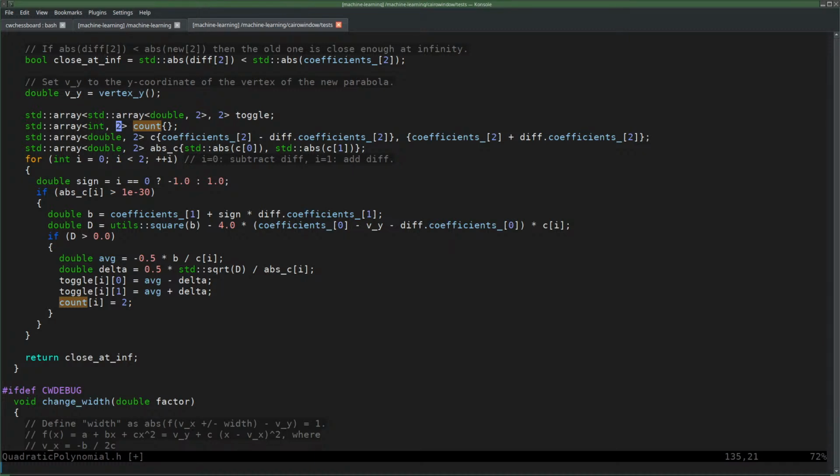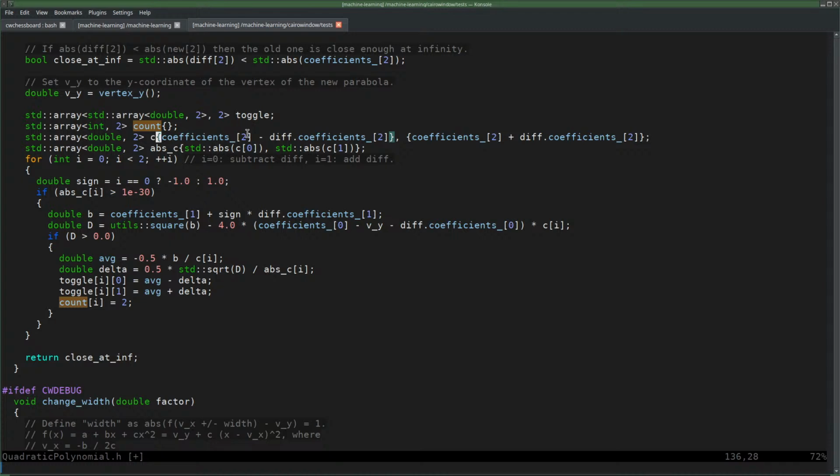And then the C coefficient of the polynomial that I want to determine the zeros of is, in the case of subtraction, of course, the difference for each coefficient.